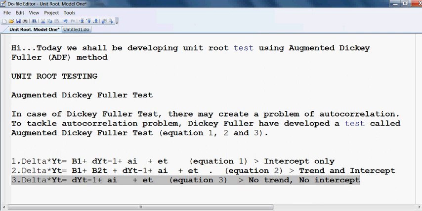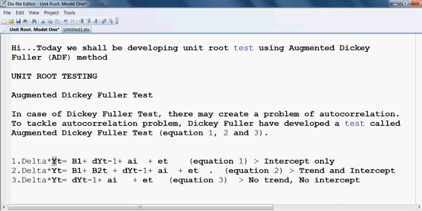So there are three Dickey-Fuller models, and we want to check whether our variable y has unit root or not. That we want to check.